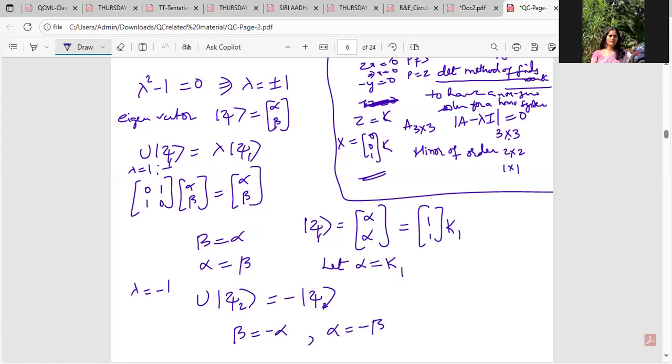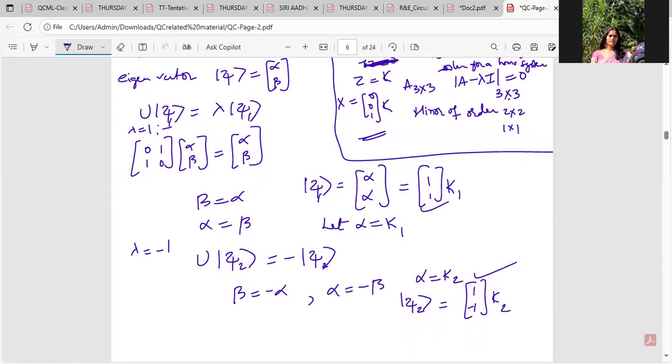If alpha is equal to k2, then ket xi2 would be 1 and minus 1 into k2. So this is one eigenvector, this is another eigenvector. Remember, this is my Pauli X gate. Of course, if I am saying X, there is a Y, there is a Z as well, about which we'll talk in the next video. This is all about finding eigenvalues and eigenvectors for quantum states. Thank you.